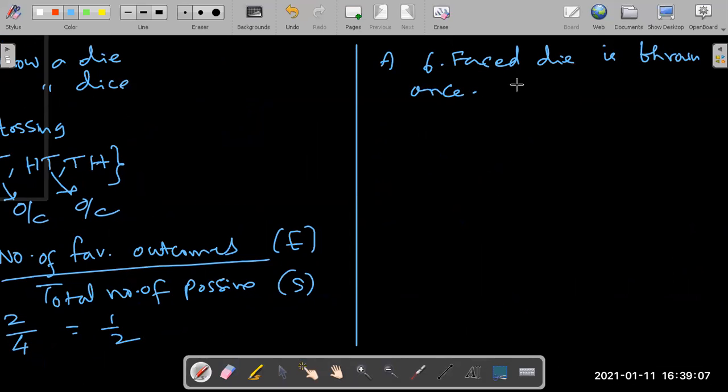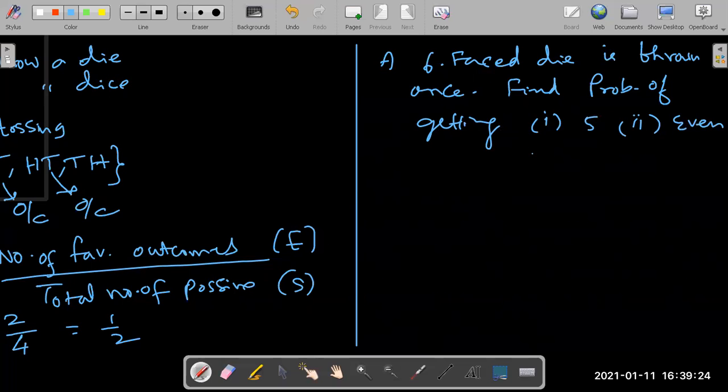Find the probability of getting: first one, 5 on the face; second one, an even number; third one, something greater than 3. So we have 3 different events.